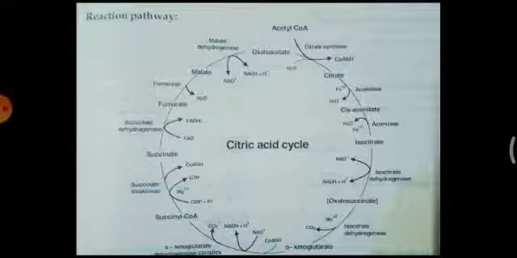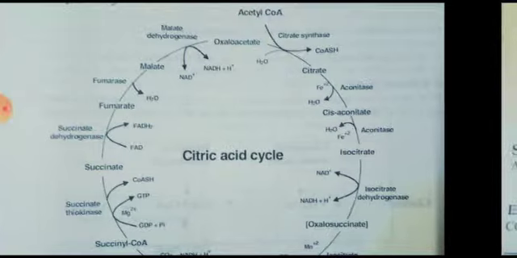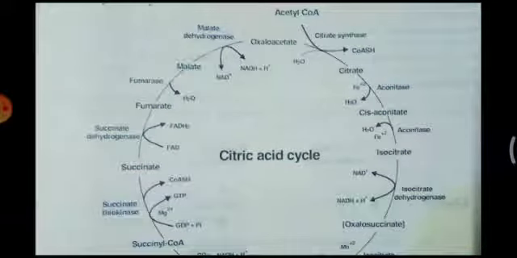How it takes place step by step, and what the intermediates and byproducts or coenzymes involved are, let us discuss. This has 10 steps, so as a whole I will go through it in a rapid manner, and then we'll study it in a slow manner.